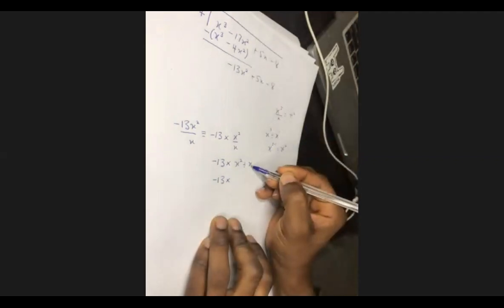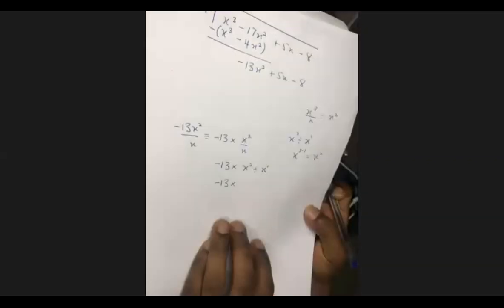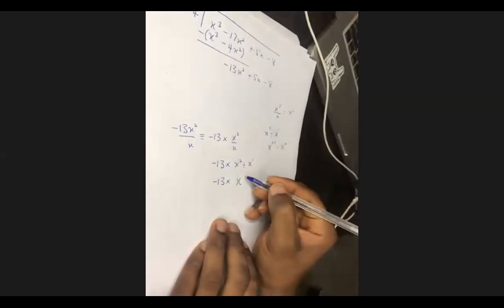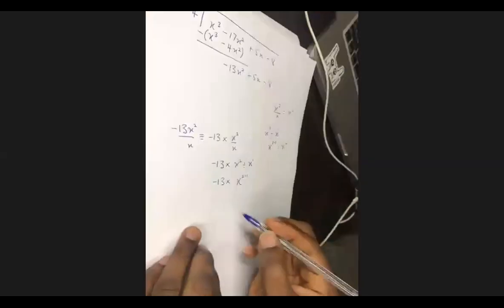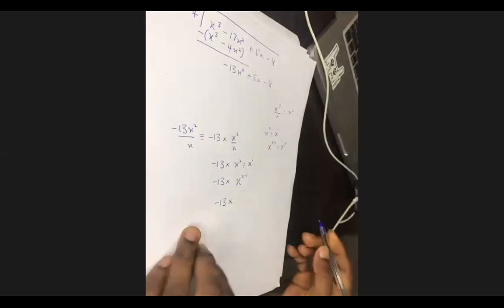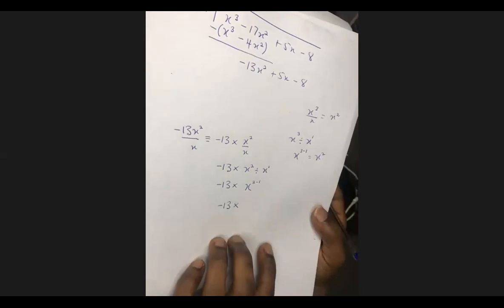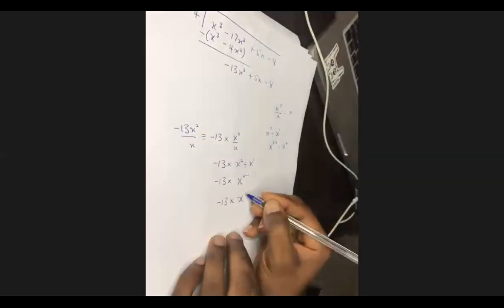Any number standing alone is raised to the power 1, but we don't write it. So I have x raised to the power 2 minus 1. So negative 13 times, what is 2 minus 1? 1. So I have x raised to the power 1.